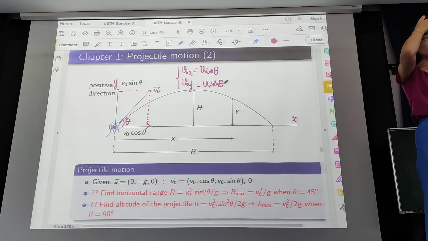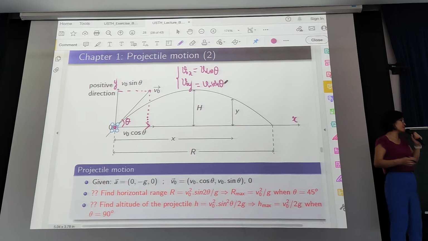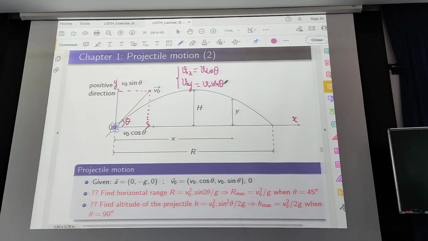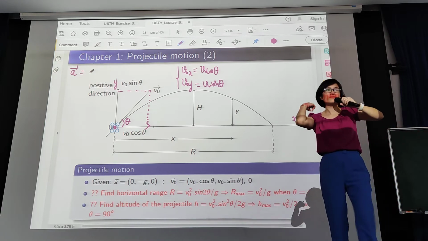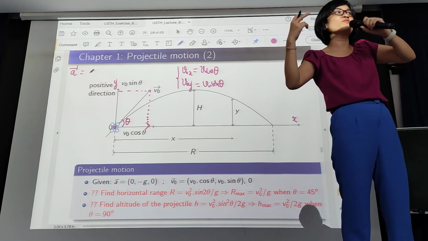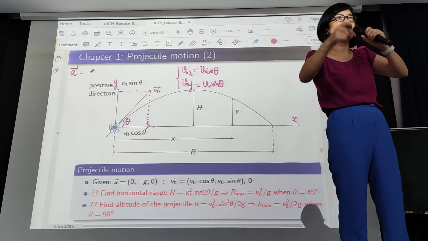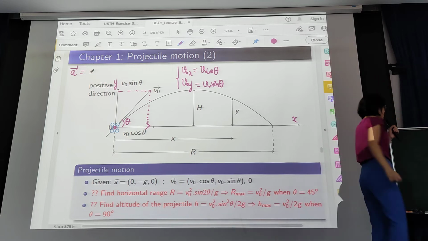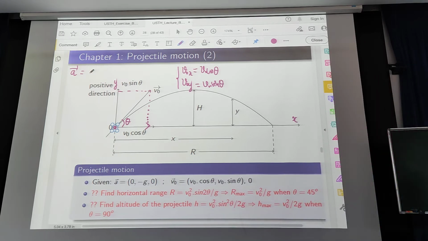In this case, the acceleration of the object is equal to g, gravitational acceleration, free fall acceleration, because you just have the gravitational force acting on the object. So a equals g, and g is vertically downwards. This is a vector g.